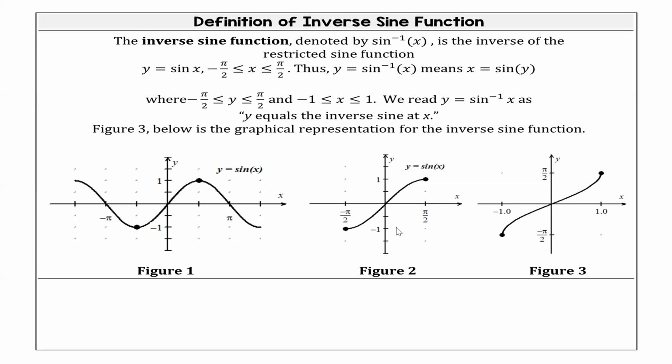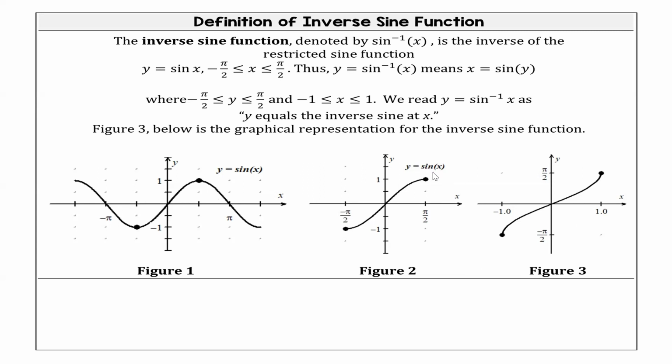One cycle of our sine function can be viewed from -π/2 to positive π/2, from the max to the min. That means it's not really a function if we have repeating x values, and that's why it has a restriction on it. Without the restriction, would it be an inverse function? No, because in order to be an inverse function, you have to pass the vertical line test and the horizontal line test, and without restrictions we would fail.